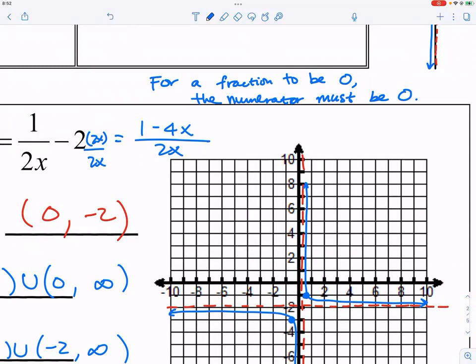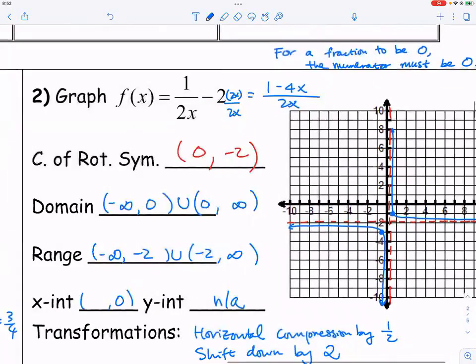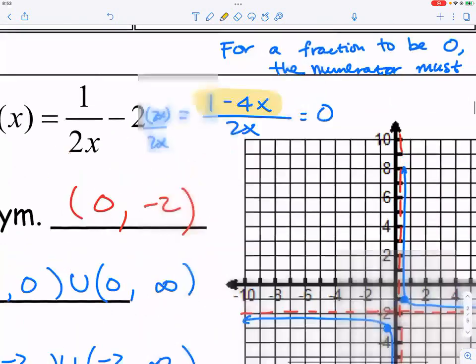Because if you use a calculator, 0 divided by anything is 0. So when we try to find out the x-intercept, we say the y needs to be 0, right? So if we want the y to be 0, then for a fraction to be 0, what must be 0?